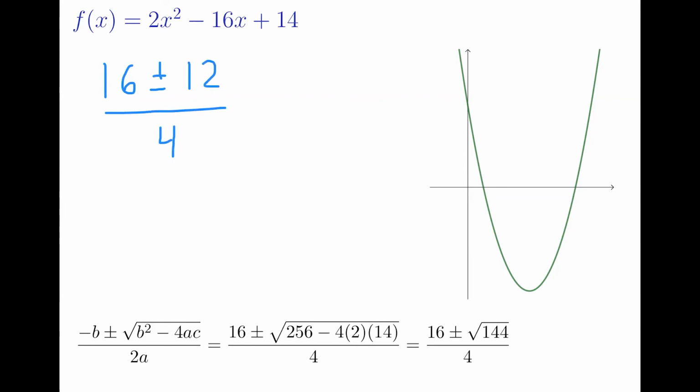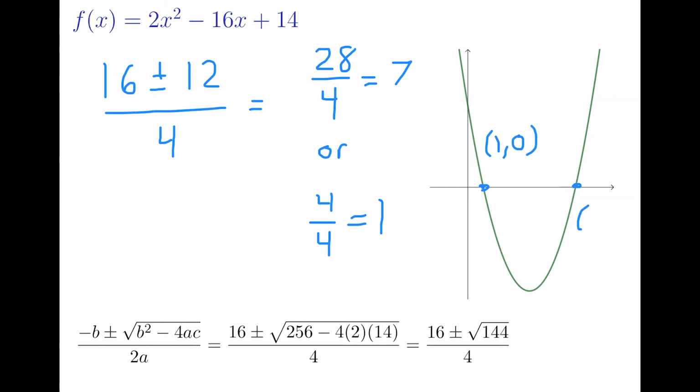So you're either looking at 16 plus 12, which is 28 over 4, or you're looking at 16 minus 12, which is 4 over 4. And of course, 28 over 4 is equal to 7. 4 over 4 is equal to 1. And of course, those are the two x-intercepts that we've found several other times, right? So you've got the point (1, 0), and you've got the point (7, 0). And we found those from this quadratic formula.